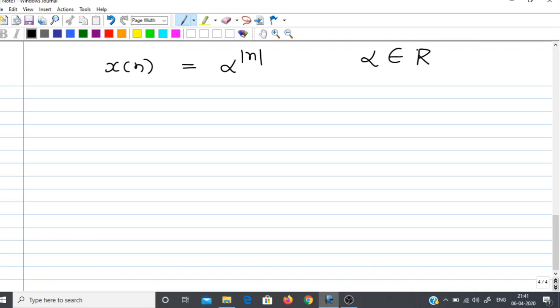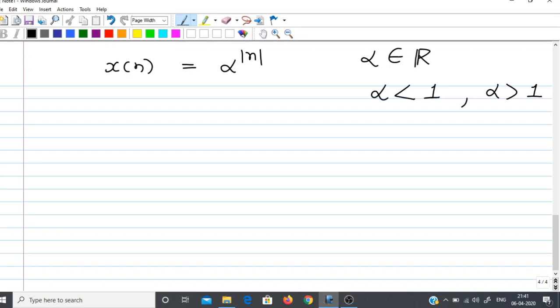It could be complex, but for the sake of simplicity, I am taking alpha real. And then there are two possibilities: in the first case alpha is strictly less than 1, and in the other case we will see when alpha is greater than 1. So we will take both cases one by one.